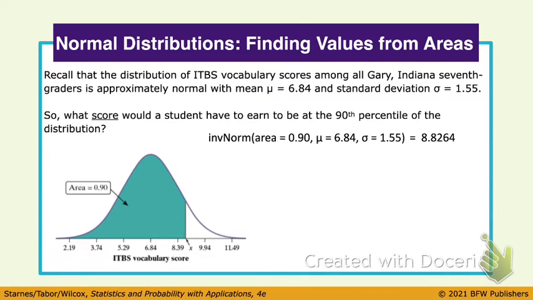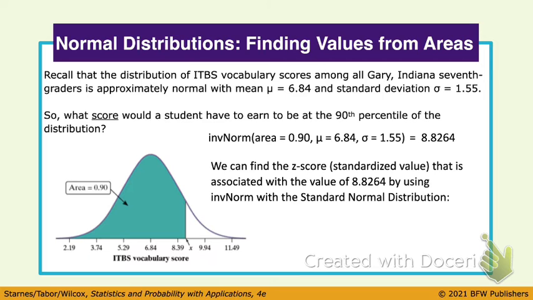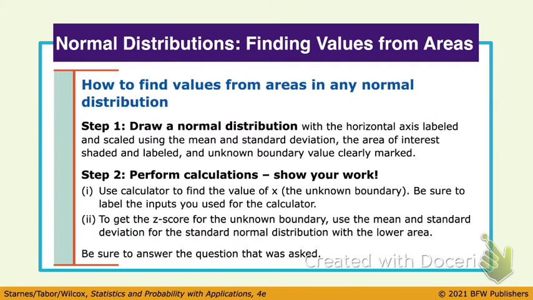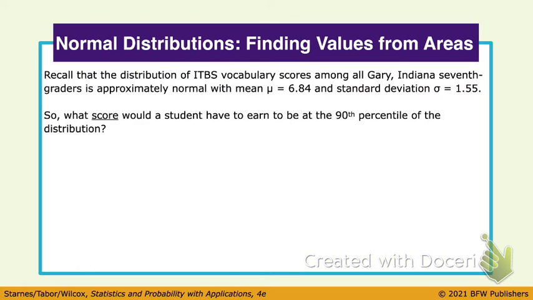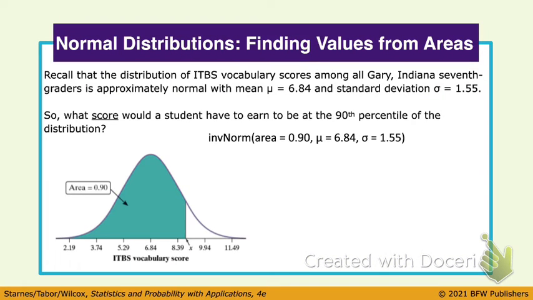Now, I want to tell you, you can also find the z-score associated with this by using a value from the standard normal distribution. So if I do the area of 0.9, but I use 0 and 1, which is the standard normal distribution's mean and standard deviation, then I would get the z-score that is associated with that same cutoff.